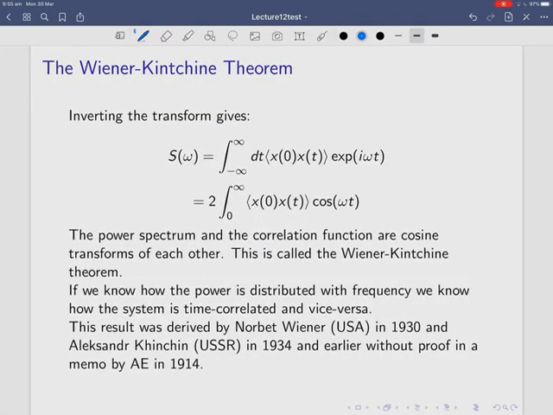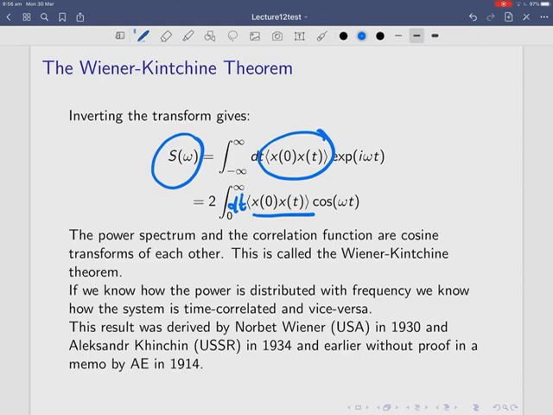Right. So this leads us to the Wiener-Khinchin theorem, which is basically that you can invert this S of omega and get the following expression for S of omega in terms of the correlation function, which you could also write, if you wanted to, just in terms of integrals over dt of the correlation function.